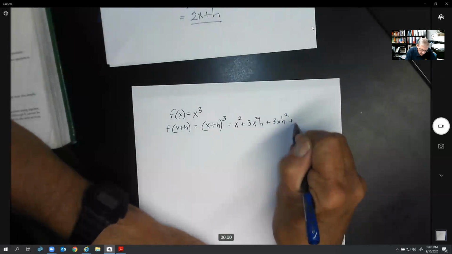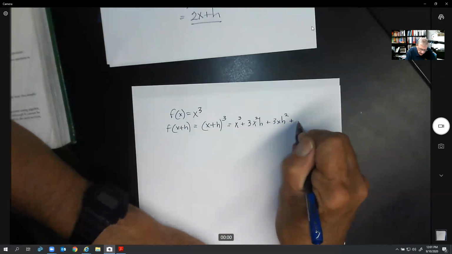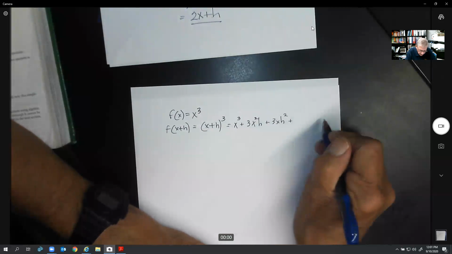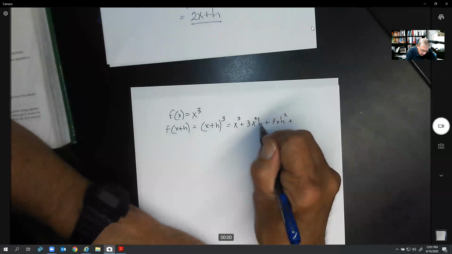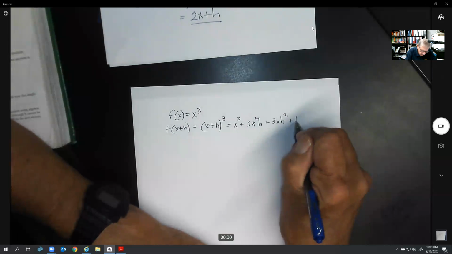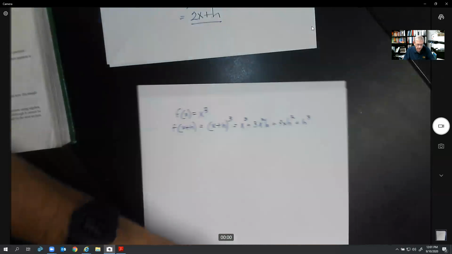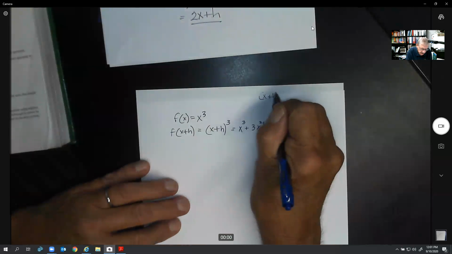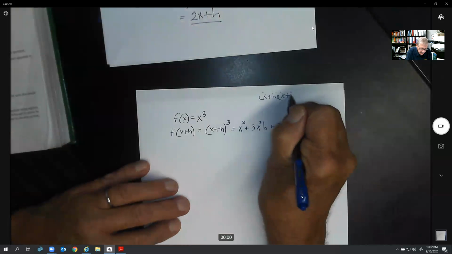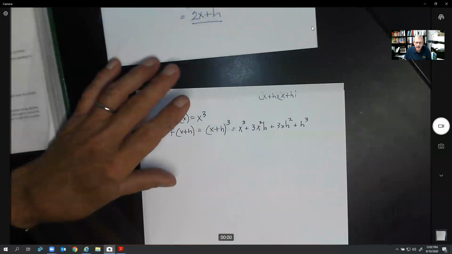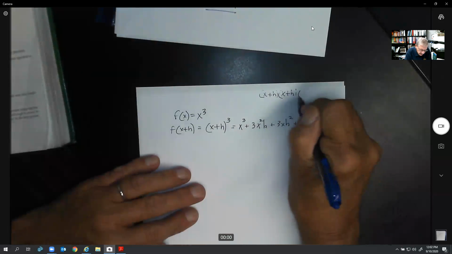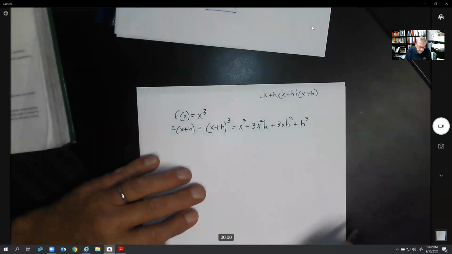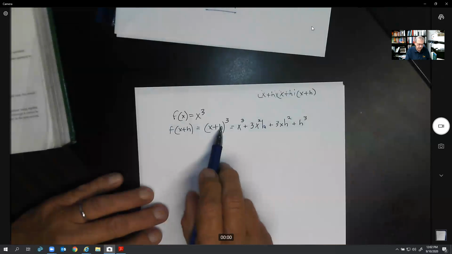Plus 1, x's become 0, 3, 2, 1, none. H's become bigger, 1, 2, 3. Now, if you don't want to do it that way, just multiply x plus h times x plus h, get an answer, and then multiply that by x plus h. And this is the answer you will get. That is x plus h cubed.